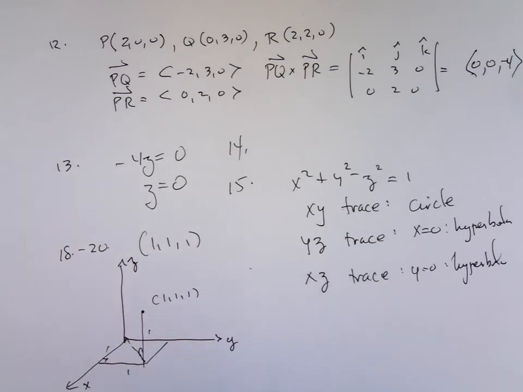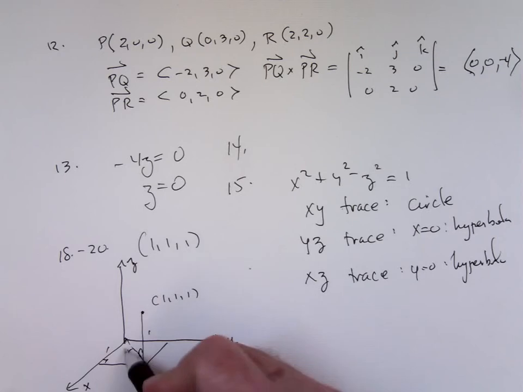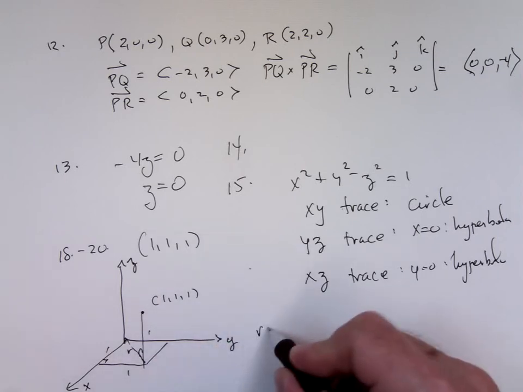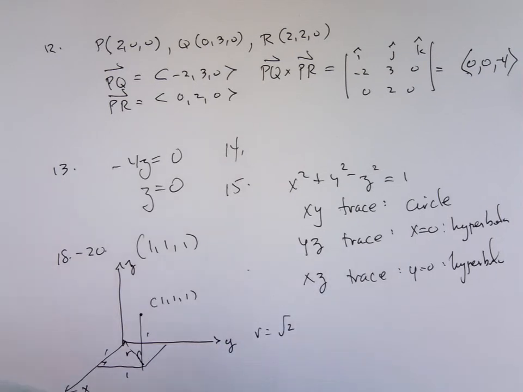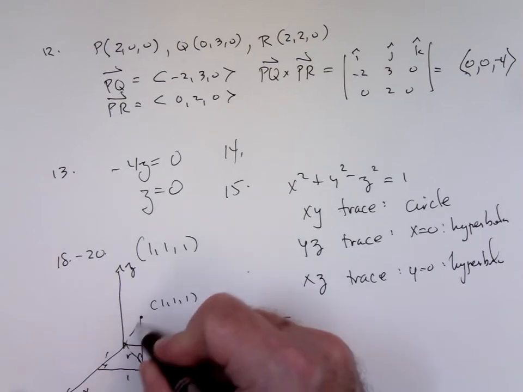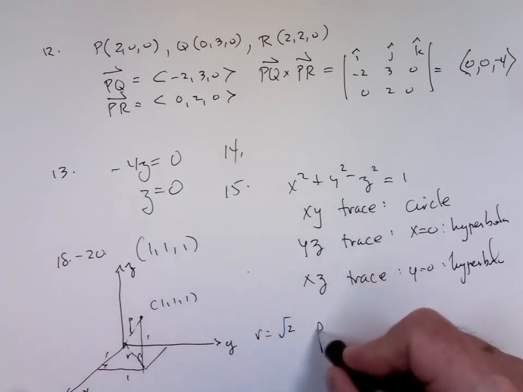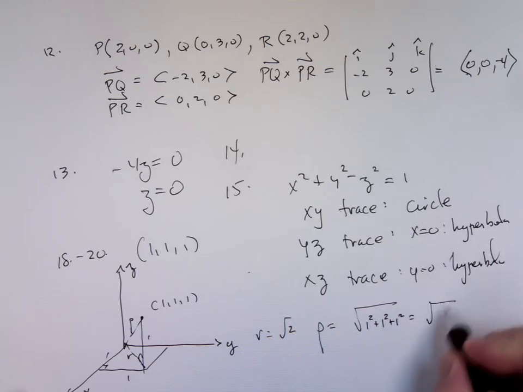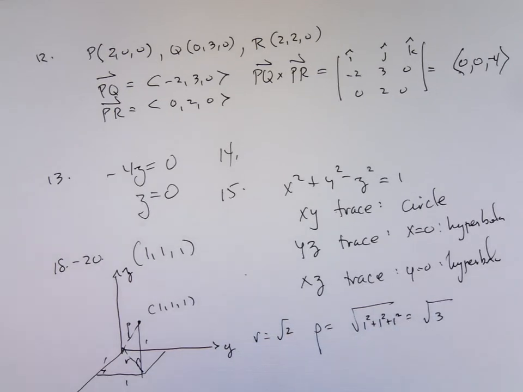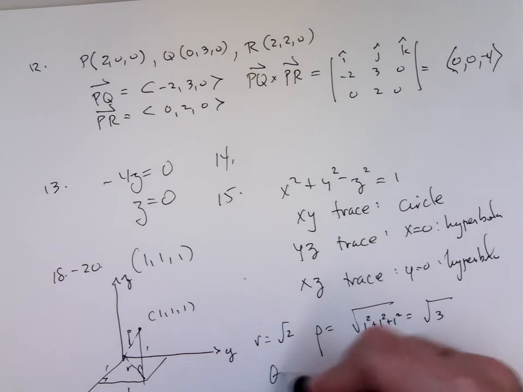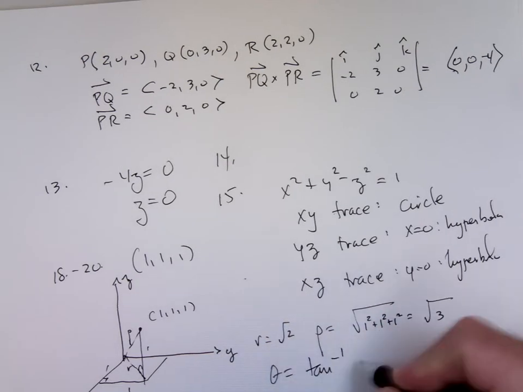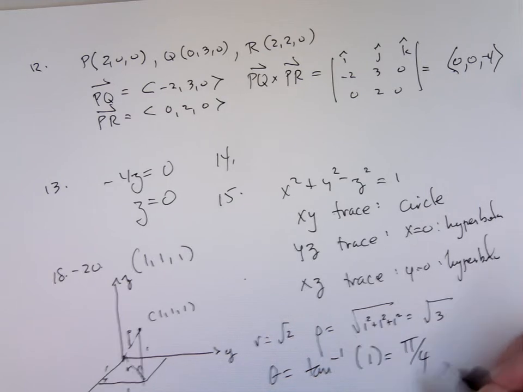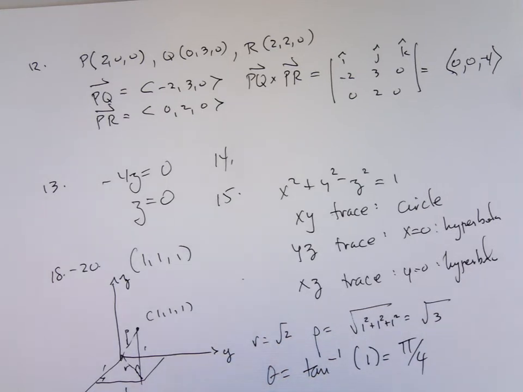We need r, that's this guy. That's the square root of 2. We need rho, that's this distance here. Square root of 3. And we need theta, which is the inverse tangent of 1, which is pi over 4. Okay, any questions on that?